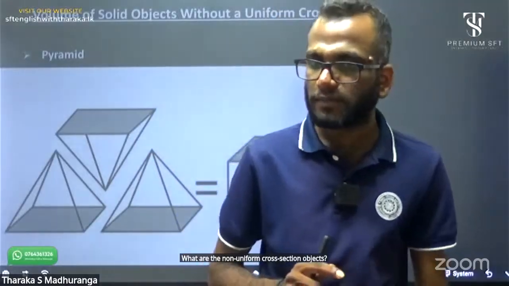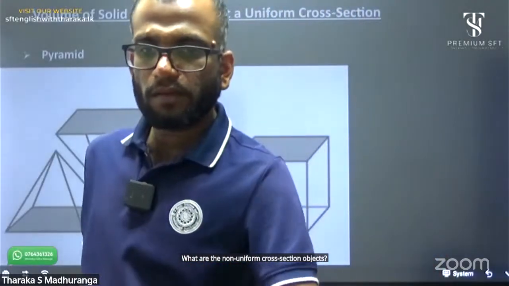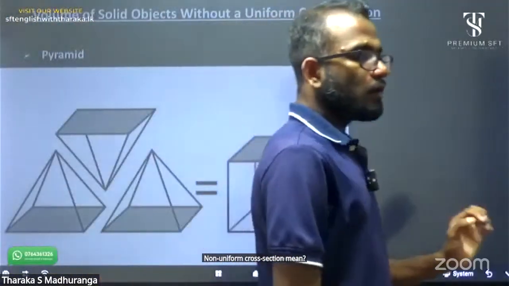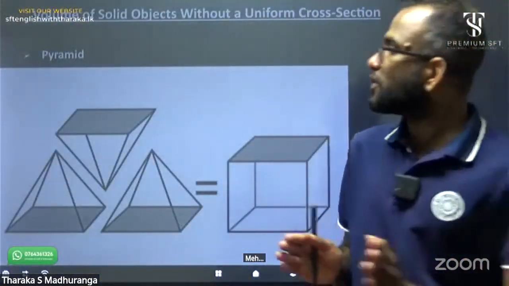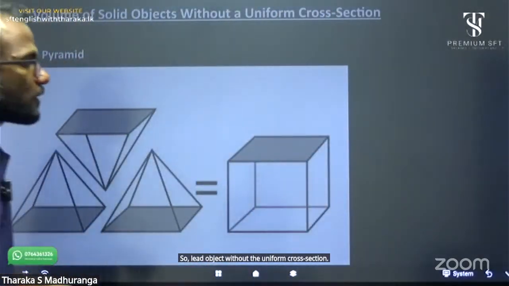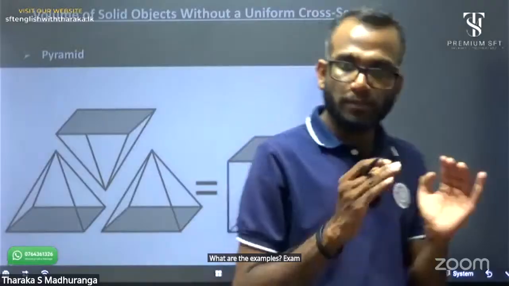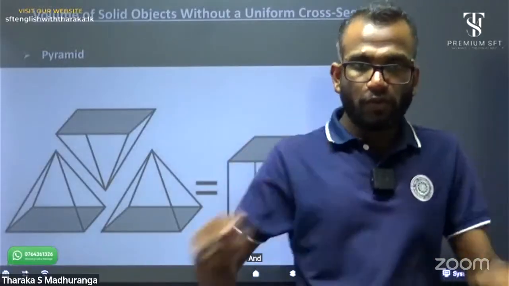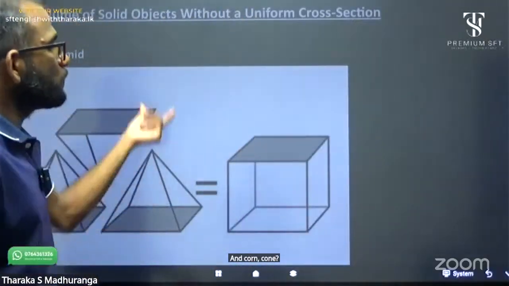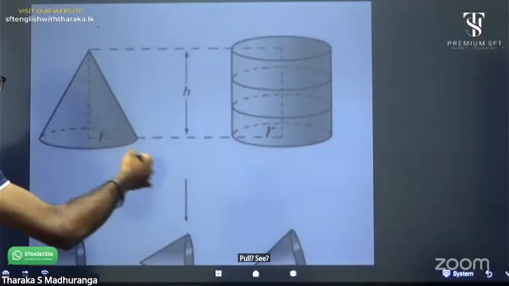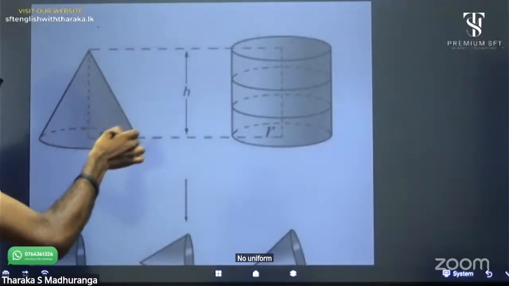Non-uniform cross section means a solid object without a uniform cross section. What are the examples? Pyramid is a good example. And cone, no uniform cross section, right? Cone, see, no uniform cross section.